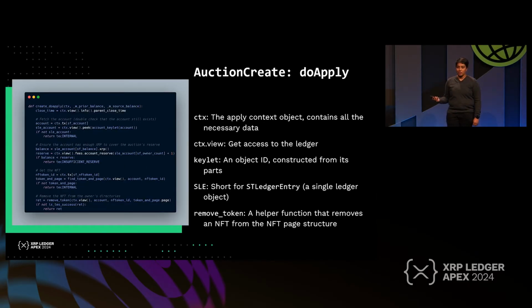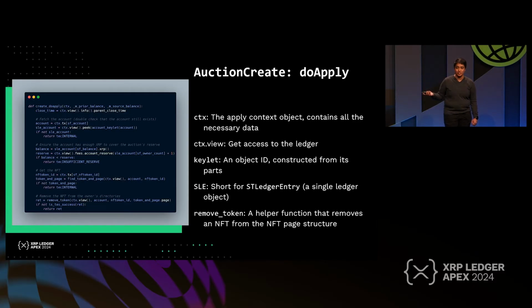Next, we've got do apply. So we're going to be doing a bunch more checks here. And so first off, we want to get our account and the account information that is on ledger. And SLE is short for STLedgerEntry, and it's basically the ledger object data that is stored on ledger. So we get the account ledger data.